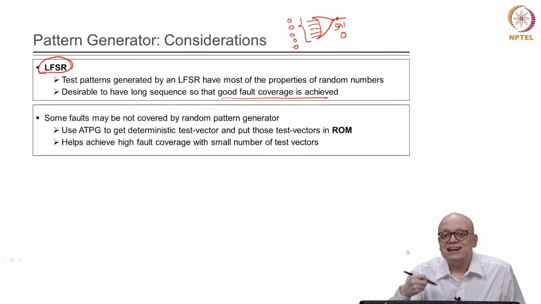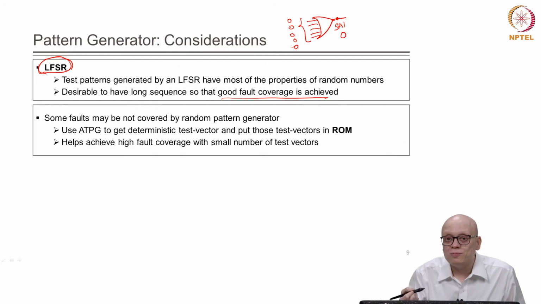Now, if we try to get this pattern of all zeros using a random pattern generator, what will be its probability? Its probability will be 1 divided by 2 raised to the power 5, or 1 divided by 32.